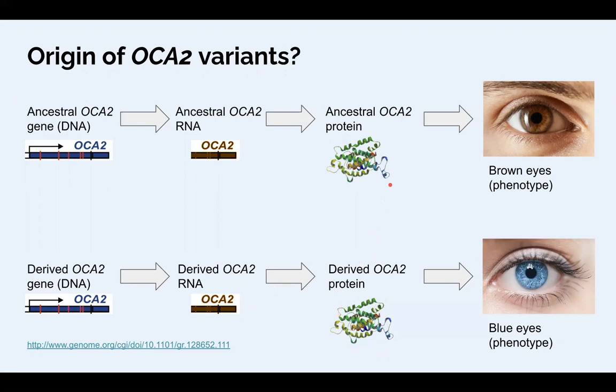So basically, one version of blue eyes versus brown eyes is that one version of the protein produces the brown eye pigment, and one version of the protein does not produce the brown eye pigment. So it's maybe deficient in that ability to make pigment in a way that's maybe not maladaptive, but just a difference in the appearance of these individuals.